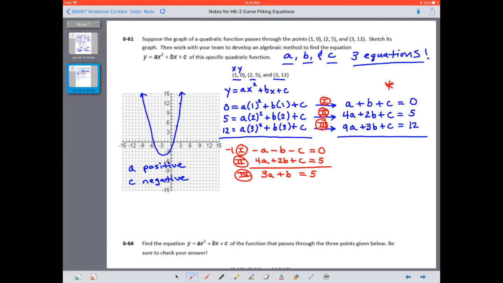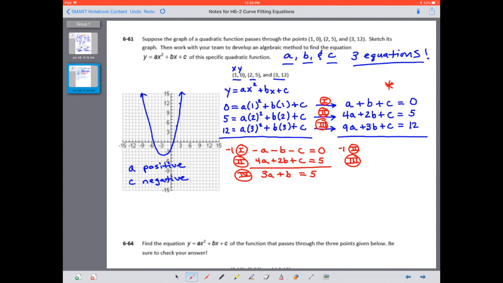Now you just need to pick a second pair of equations and eliminate the same variable. So you can do any one you want. I'm going to do 2 and 3 on this one. So I'm going to say -1 times equation 2, and I'm going to do equation 3.